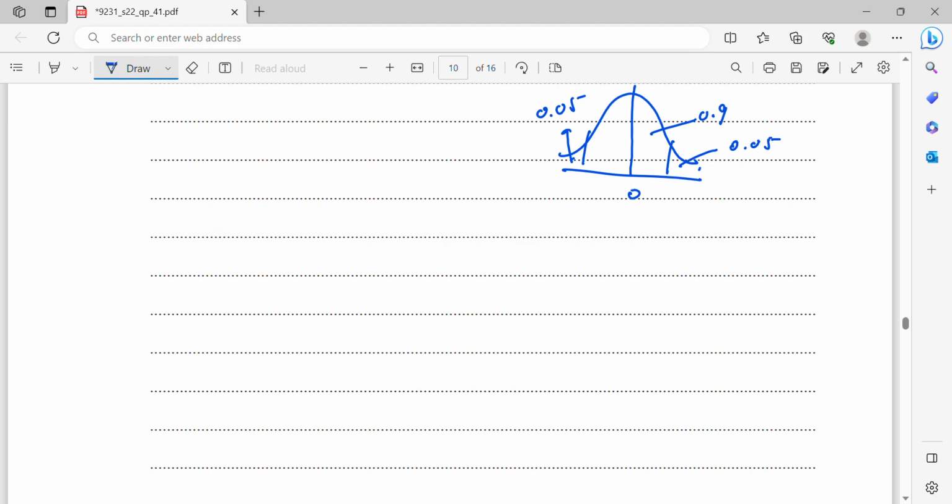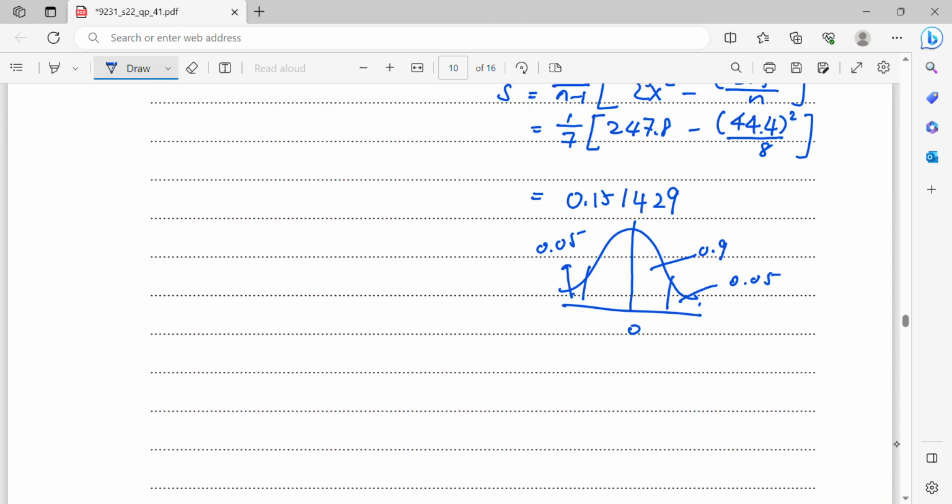So now, but then when you refer to the T table, the region is always counted from the positive line, alright, which means this is the region given by the table. So for the table, we need to read this line as T 0.95, and then the degrees of freedom is going to be n minus 1.